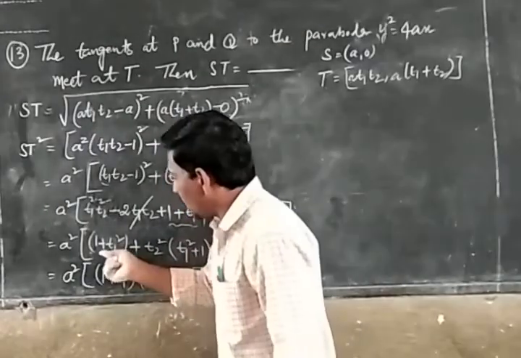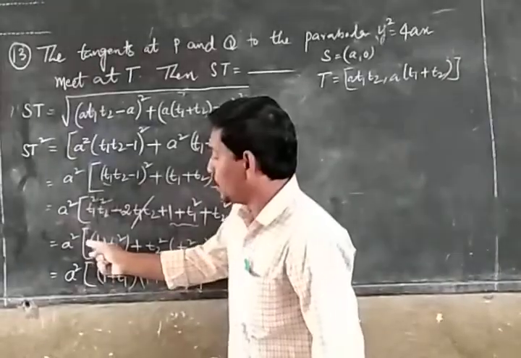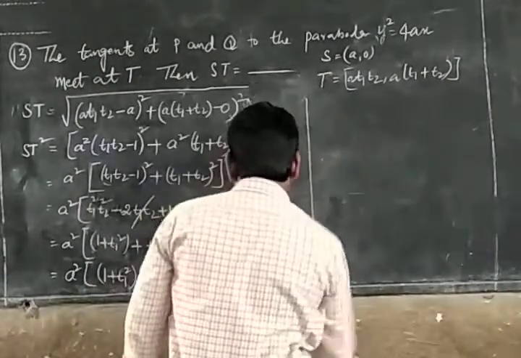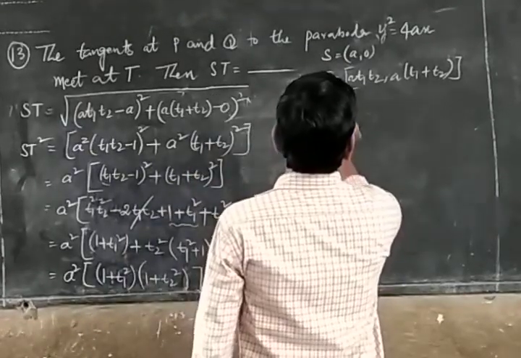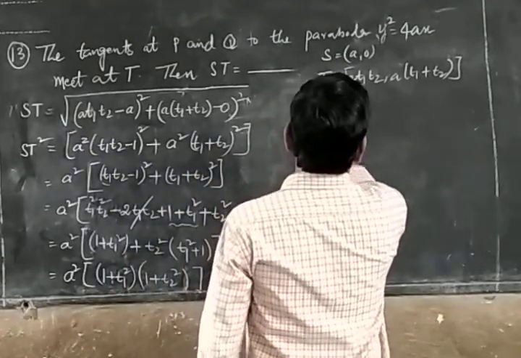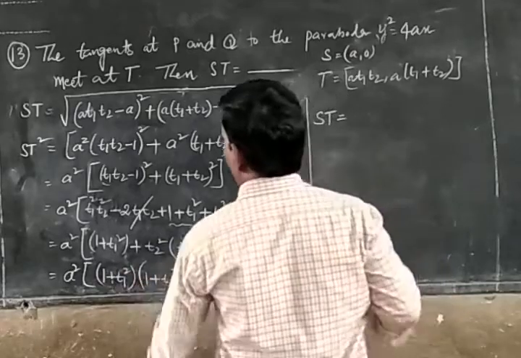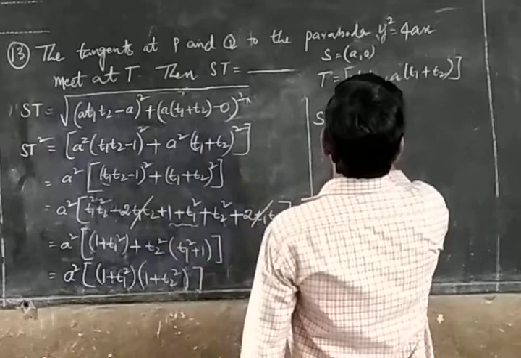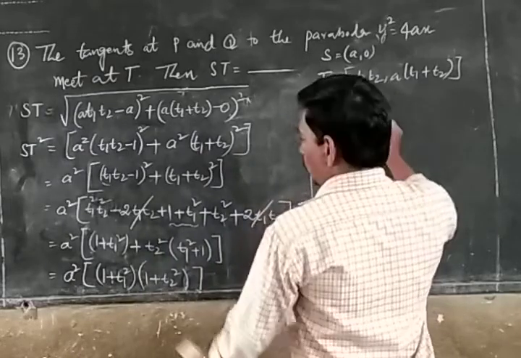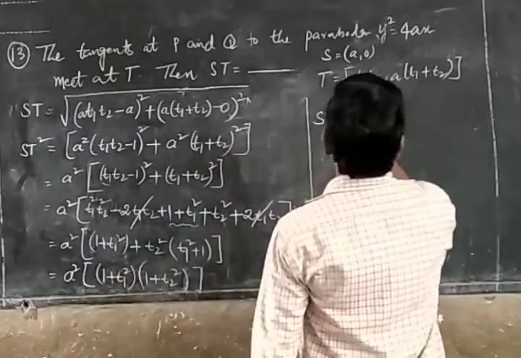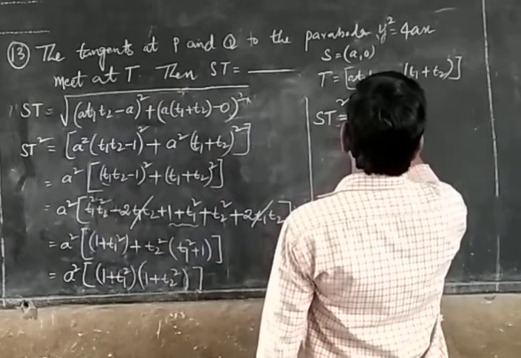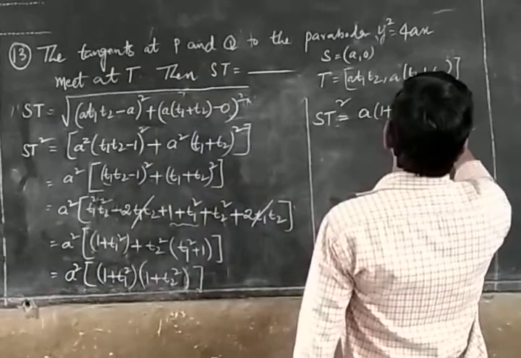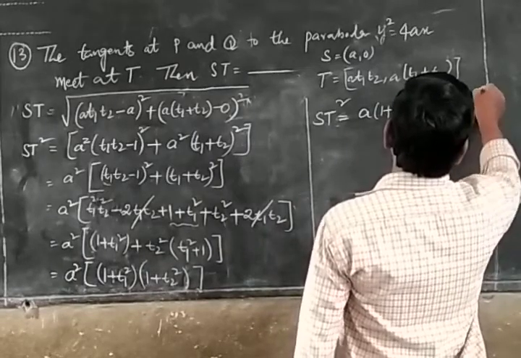So common here 1 into 1 into 1 plus t2 square. Now ST square equal to a into (1 plus t1 square) into a into (1 plus t2 square).